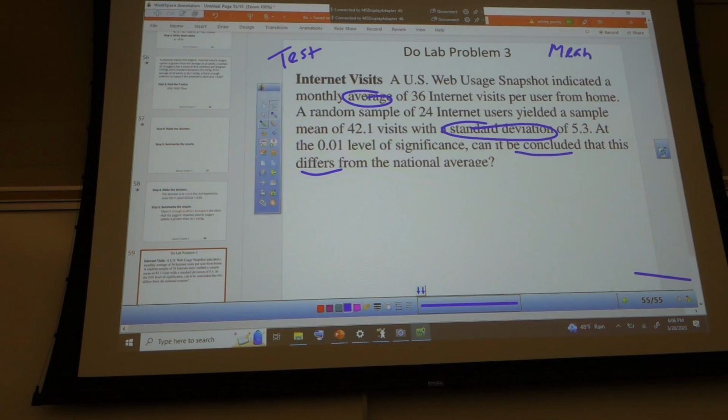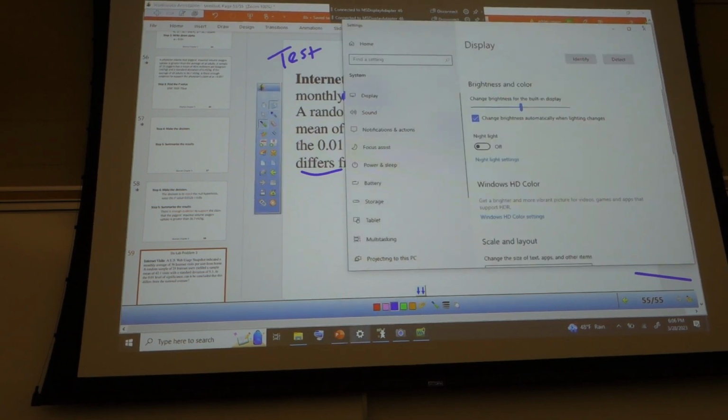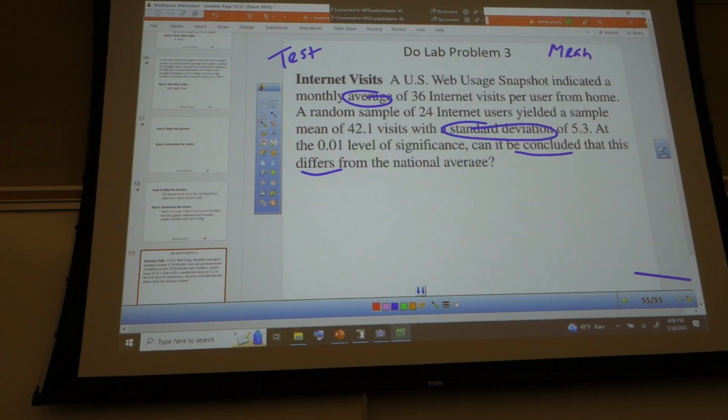Okay, so then I need to find my claim. Where's my claim? It differs from the national average. They concluded that it differs from the national average. So they're claiming that their web usage, their mu, differs. What's the symbol for differs? Not less. If I'm different from you, my score is different than yours.